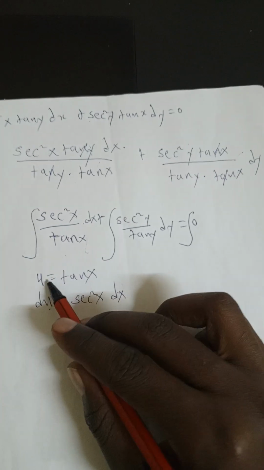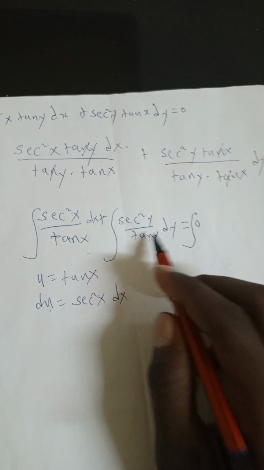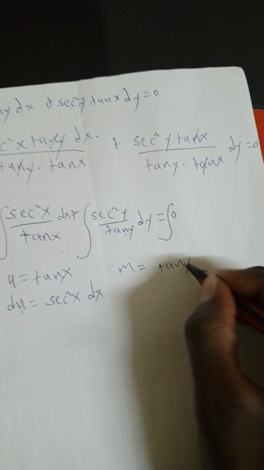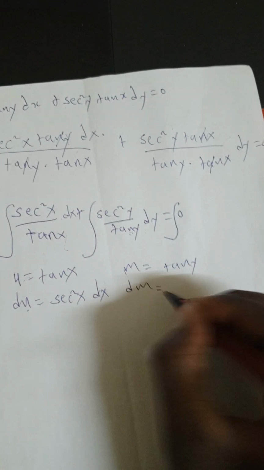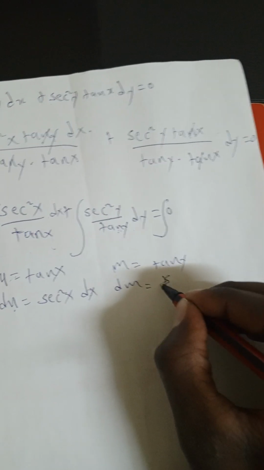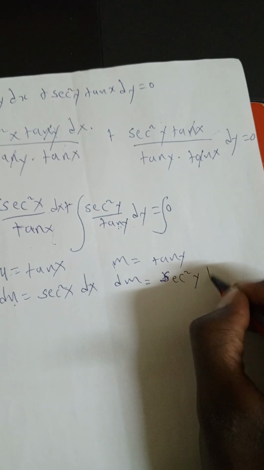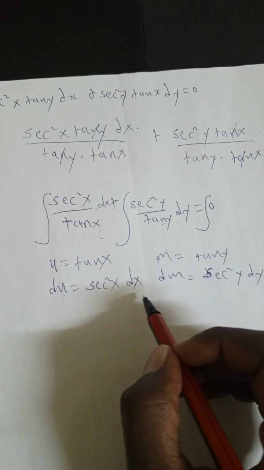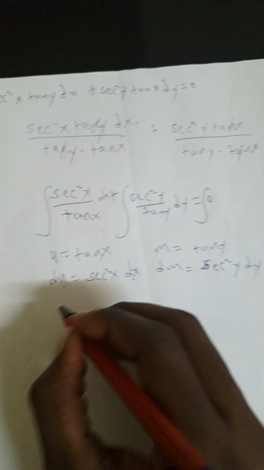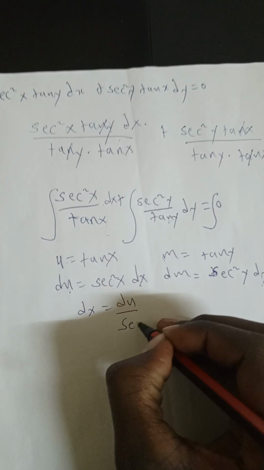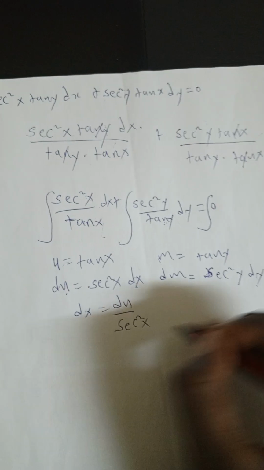So here, instead of assigning tan y to be u, I'll assign it to be m. So my dm is the same as sec²y dy. So I'm going to make dx the subject and dy the subject. So dx is the same as du over sec²x.